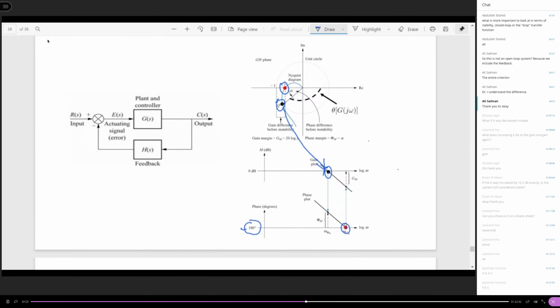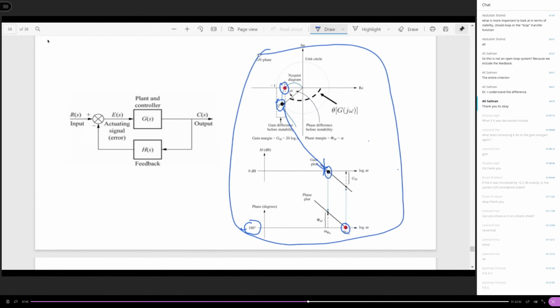The other one is the gain margin crossover point, where you need to look at the minus 180 degree line, okay? They correspond to the two crossover points on the Nyquist plot like that. So you need to identify and remember these two figures.